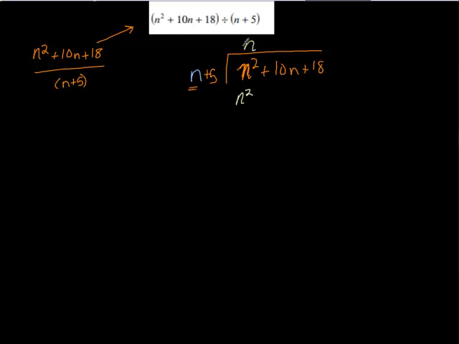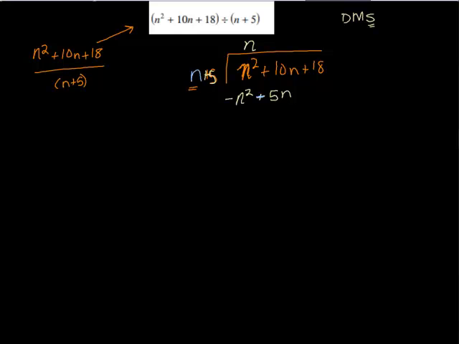But remember, you have to take all of it. So n times n is n squared. Then n times this positive 5 right here is positive 5n. This is where people screw up because we just did our division, we did our multiplication. Now we're on our subtraction part. Usually you just put a negative sign here, but you take the opposite of the second term and third term, however many terms you have.